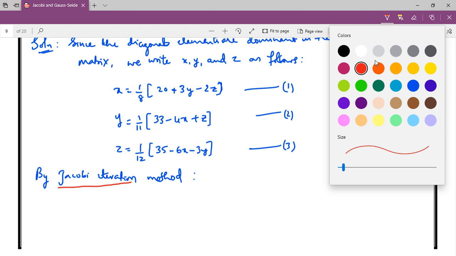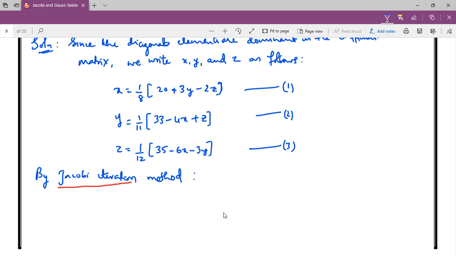Jacobi-iteration means use the initial values throughout the iteration. For the first iteration we need to consider the initial values. So let x equal to 0, y equal to 0 and z equal to 0 be the initial values.